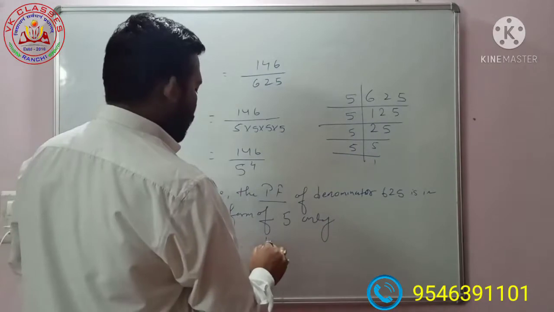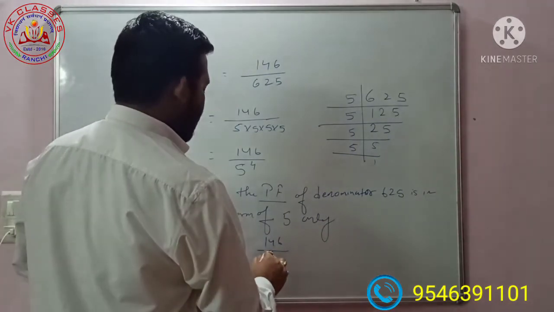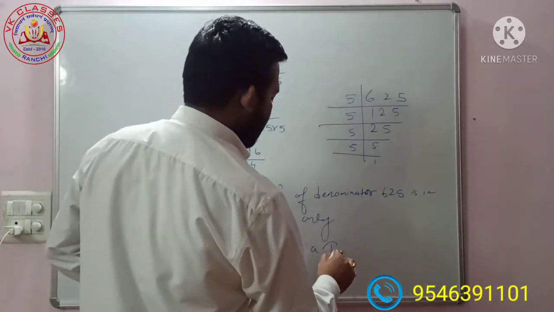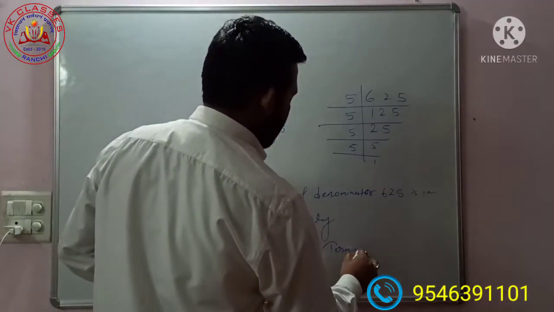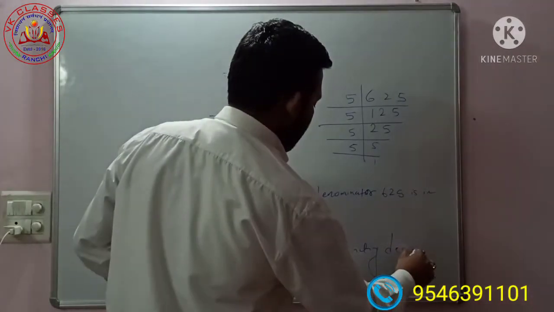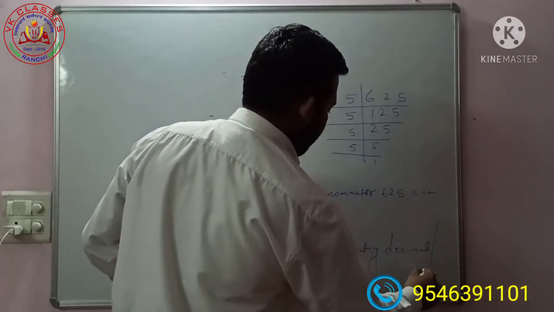Therefore 146 by 625 is a terminating decimal number.